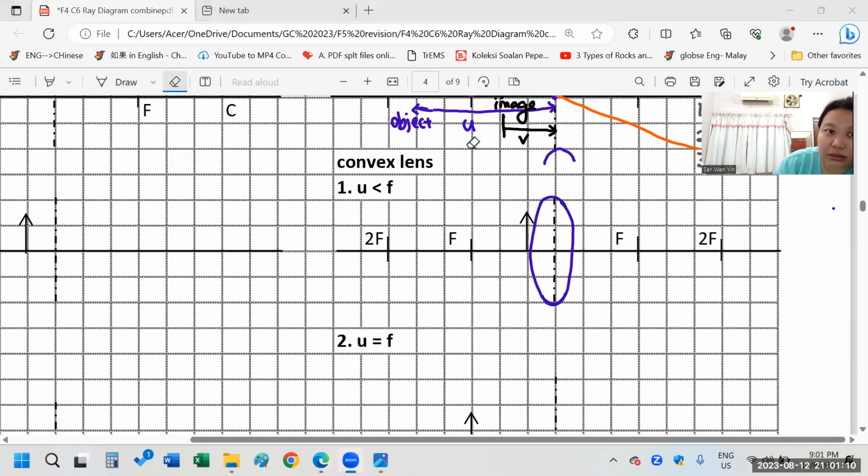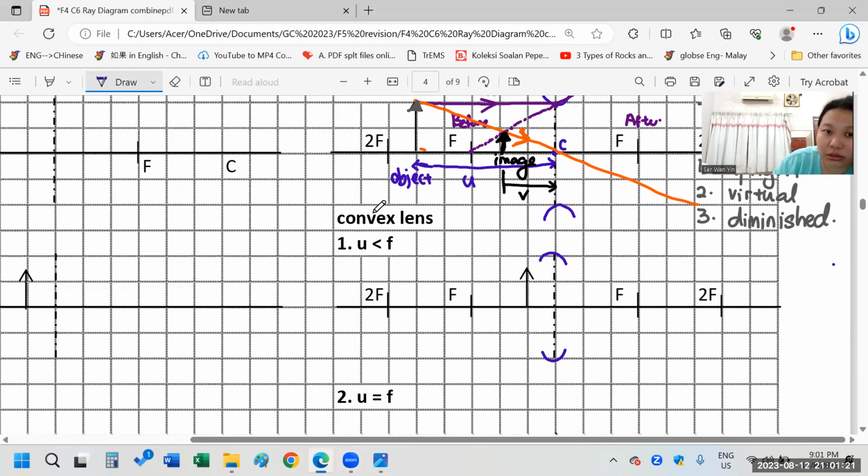Okay, like this. So next we are going to draw a few convex lens. Please complete all of the convex lens.